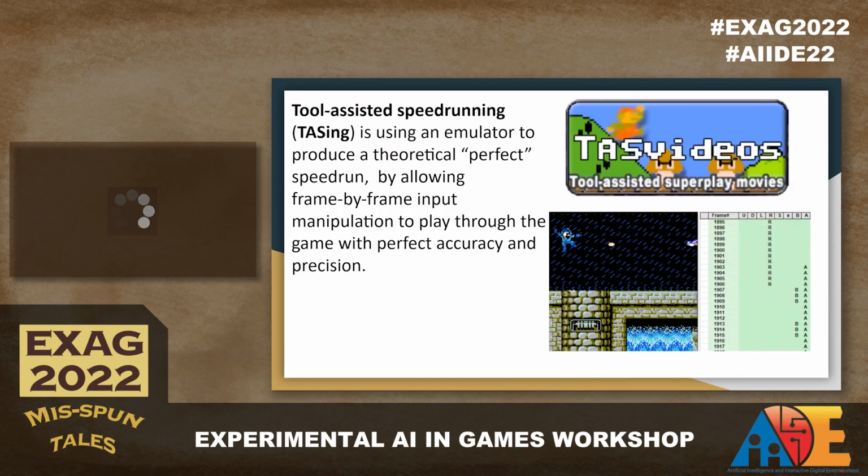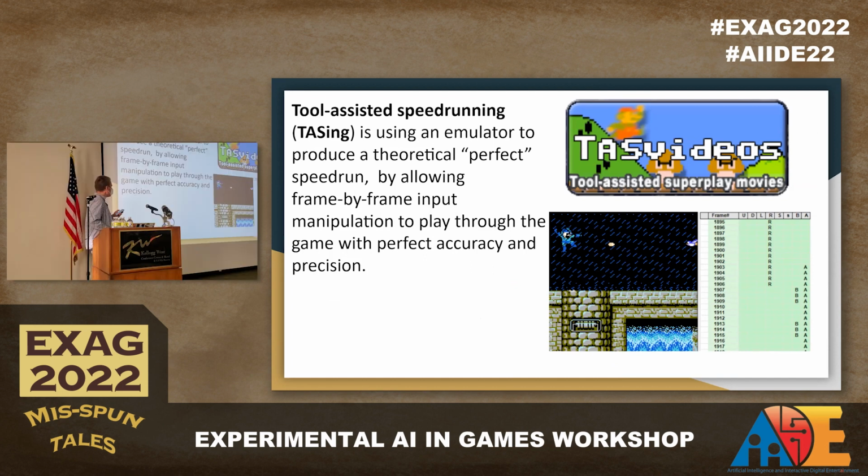So tool-assisted speedrunning is the act of using an emulator to produce a theoretical perfect speedrun using tools built into the emulator, such as frame-by-frame input manipulation and the ability to create and load save states and backtrack, essentially playing through the game with perfect accuracy and precision.